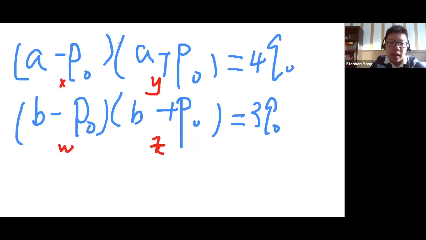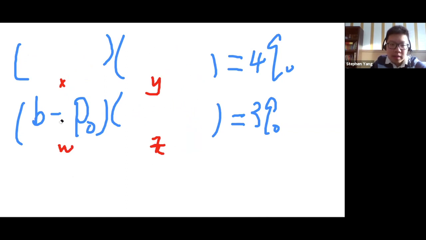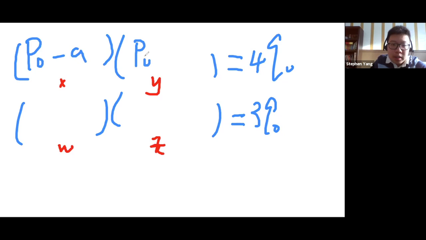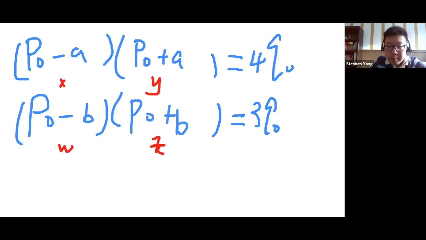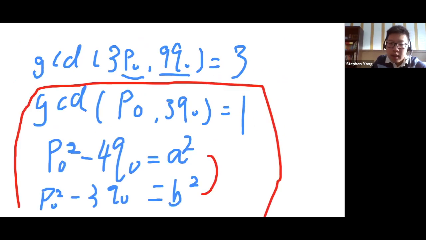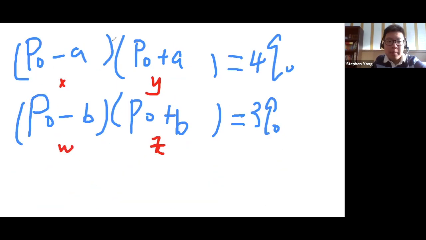It should be P0 minus A, not A minus P0. And P0 plus A, and P0 minus B, P0 plus B. Yeah, that is correct. Okay, so let X equal to P0 minus A and Y equals to P0 plus A and so on.